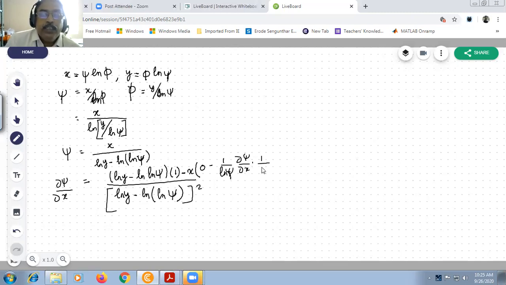I have to differentiate this ln psi also. It is not 1 by x, it is psi.